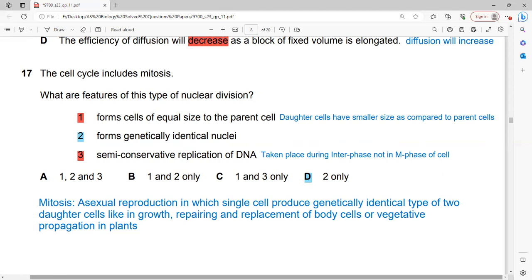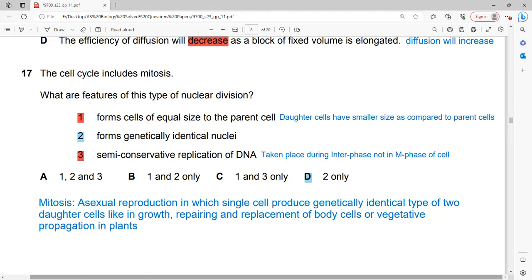For example, number one, cells of equal size to the parent. The parent cell produces two daughter cells, which are genetically identical, but they are smaller in size. After the G1 phase, they will attain their normal size. So that's the wrong option. Number two, forms genetically identical cells. That is the correct option. Number three, semi-conservative replication of the DNA.